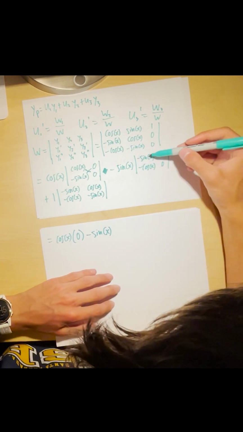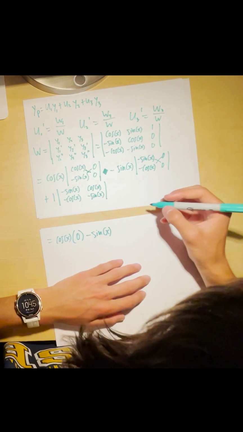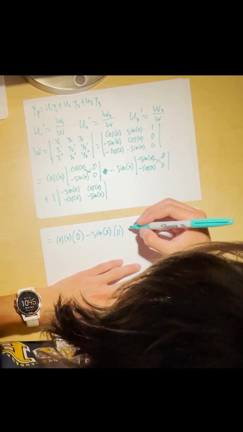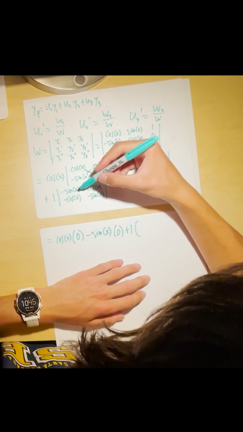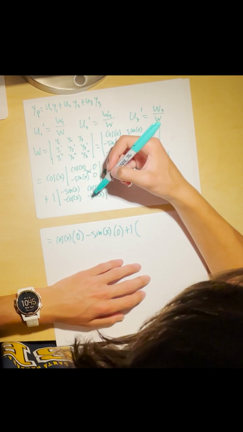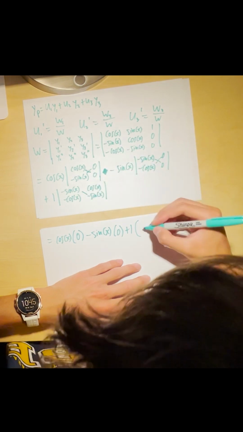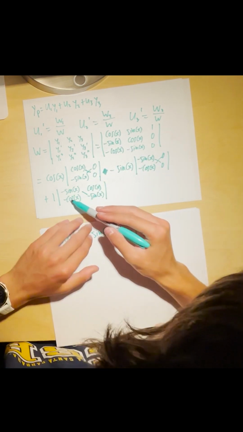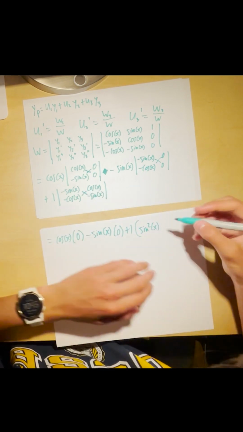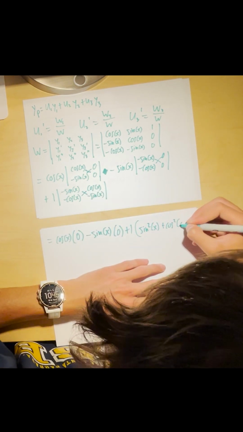Sine of x is in front. Do the same thing. We get 0 for both of these. Plus 1. So now we'll have a negative sine x times negative sine x, so sine squared x, minus negative cosine x times cosine x, plus cosine squared of x.